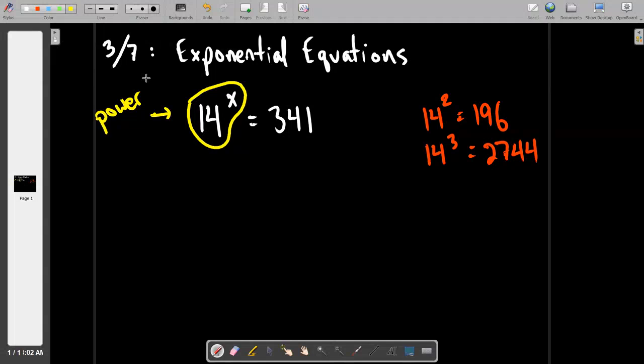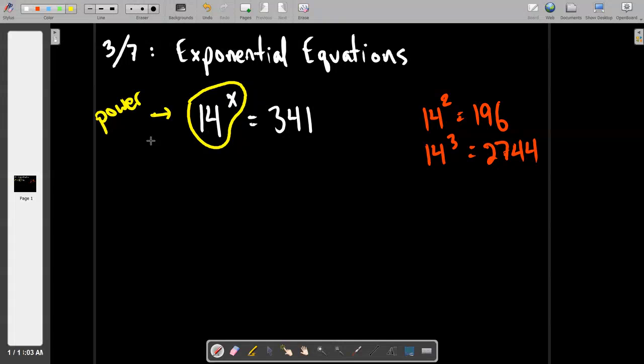So the first thing you want to do is get the power by itself. You've heard this before again and again, with absolute value equations, absolute value inequalities. The list goes on and on of times when your math teacher says you have to get this thing by itself. And that's going to become your big step one for the next few days. Get the power by itself.